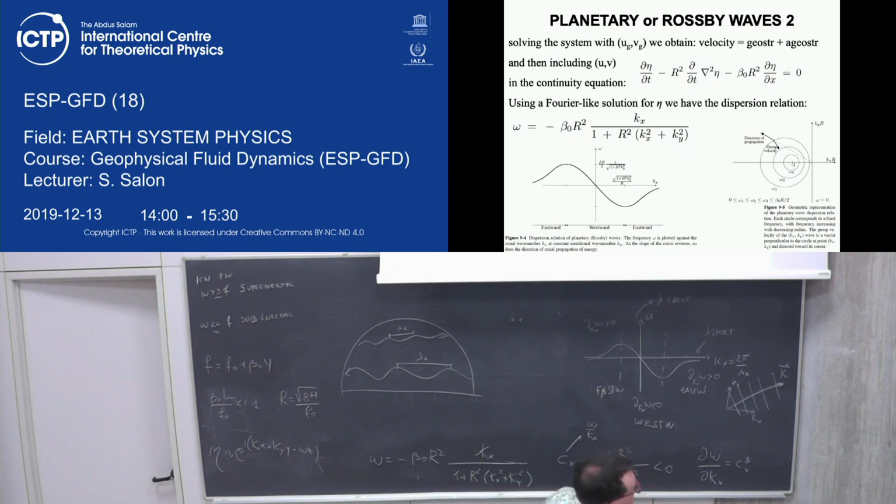Okay, so this expression, the dispersion relationship, can also be represented in this way. We are having two axes, which are kxr and kyr. Why?